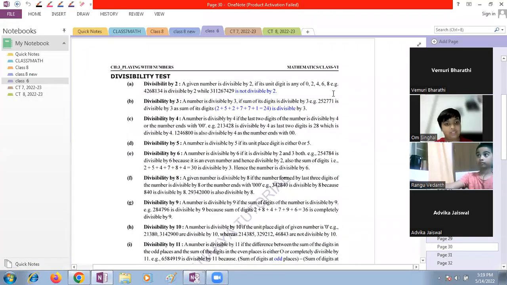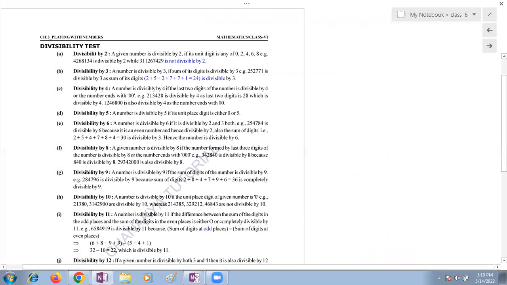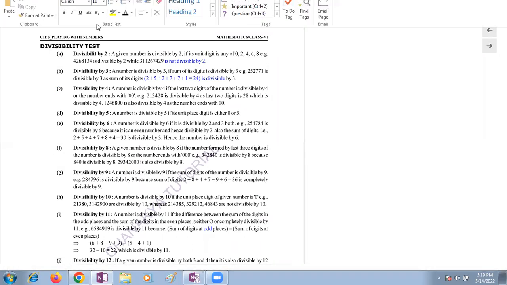Children, you are able to see my screen. There are different numbers here and the divisibility rules are given. What is the first divisibility rule, by 2?